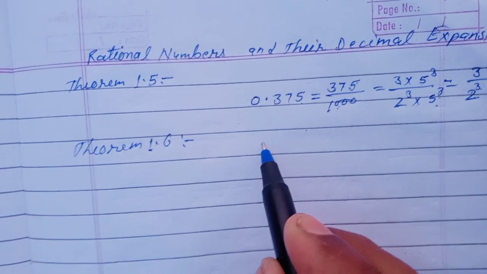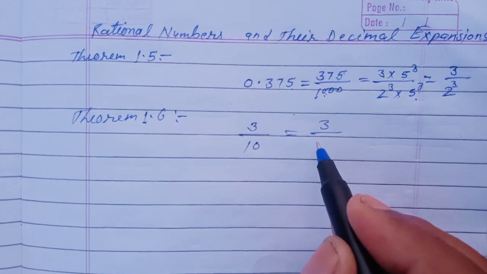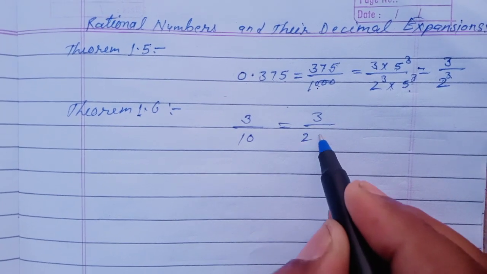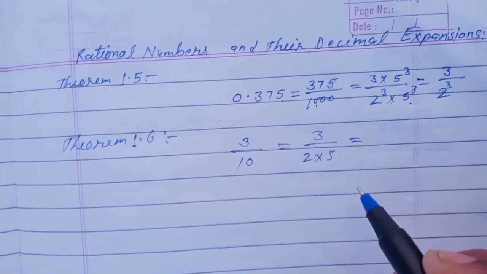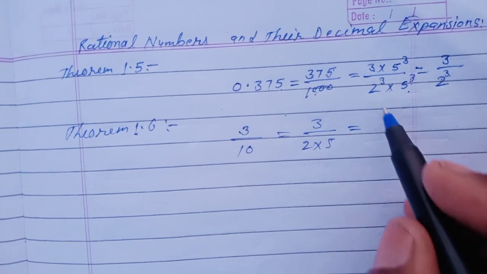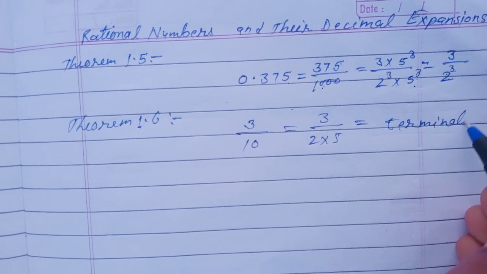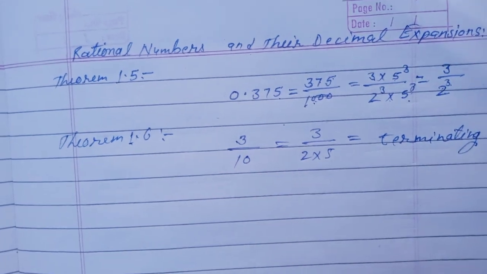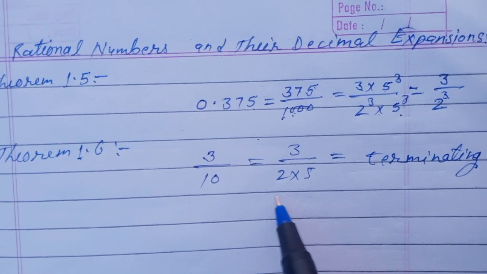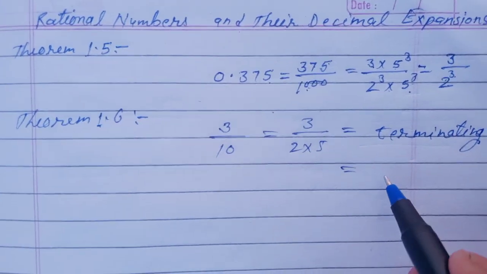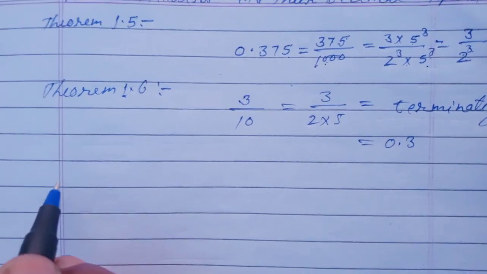Example: 3 upon 10 can be written as 3 upon 2 multiply 5. So this is a terminating decimal, and its decimal expansion will be 0.3.